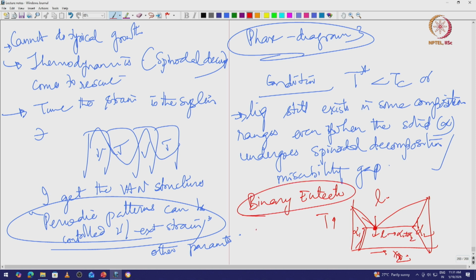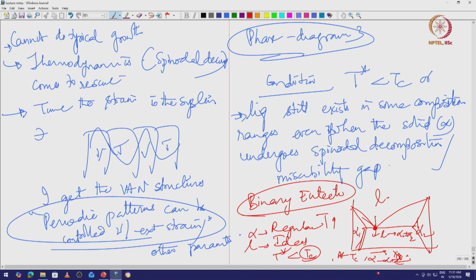This happened when alpha is regular, liquid is ideal, and T star, the point where liquid completely disappears, is less than Tc. Tc is the point of spinodal decomposition of alpha into alpha 1 plus alpha 2. At Tc, alpha becomes alpha 1 plus alpha 2.